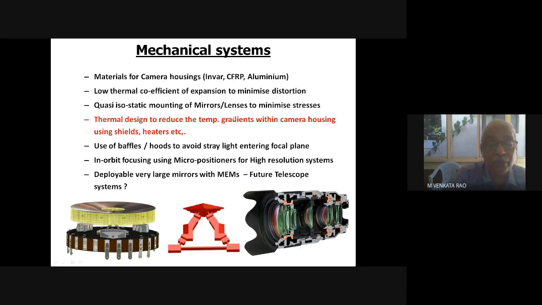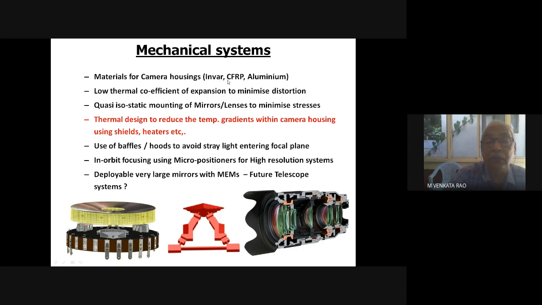Coming to the mechanical systems of a camera design, materials for camera housings, basically we use Invar material. This is a type of alloy with steel and other components. This is because it has a very low coefficient of expansion, alpha.